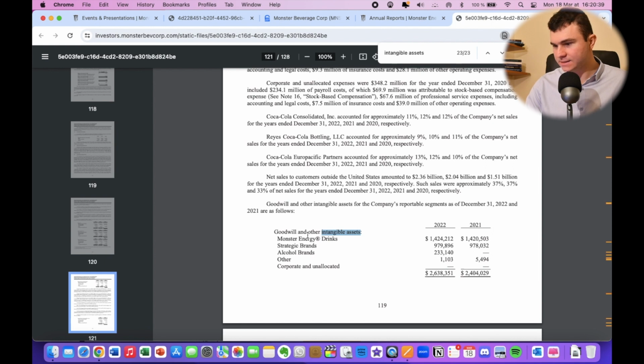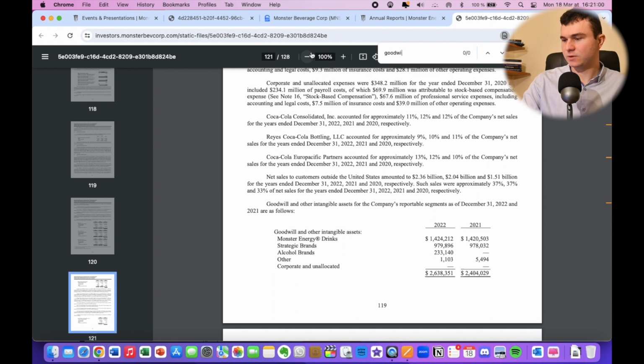Inside the goodwill and intangible assets, you have the brand Monster Energy Drinks that is worth 1.5 billion. You have the strategic brands, so the names of other stuff, alcohol brands here, but that takes into account goodwill. I don't want it.